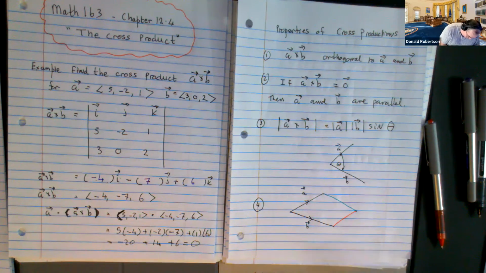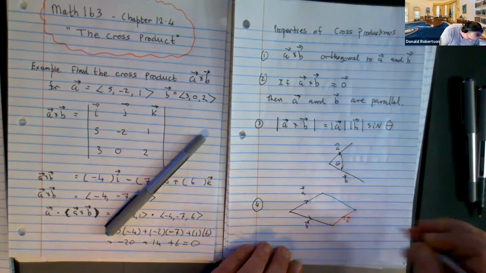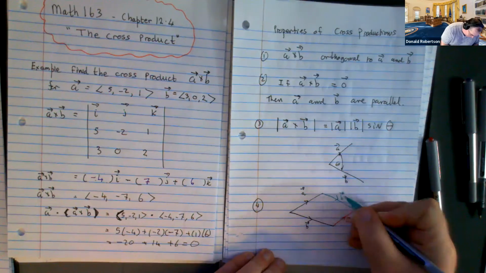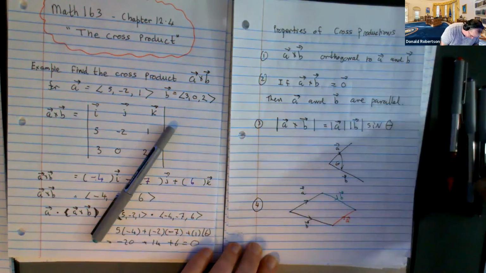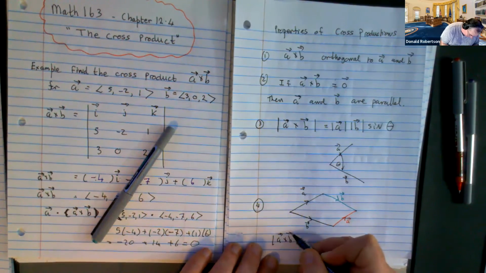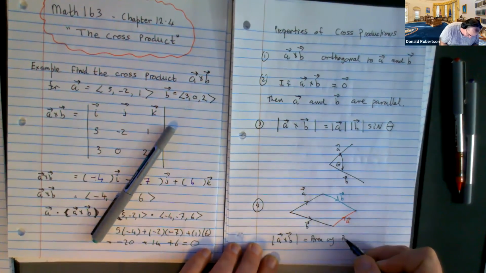Right. So this is A again, right? And this guy here is B again. The magnitude of the cross product is the area of that parallelogram.